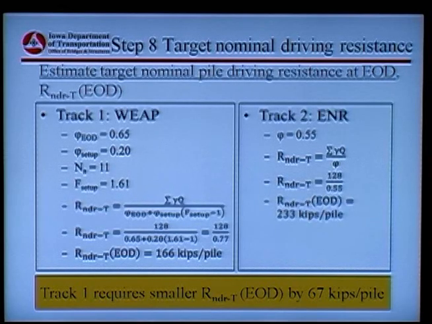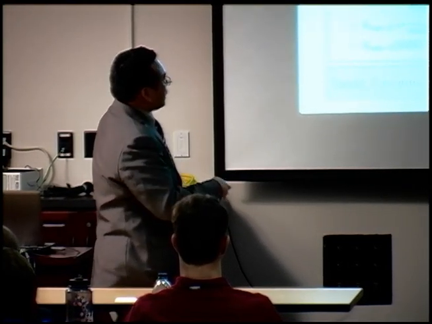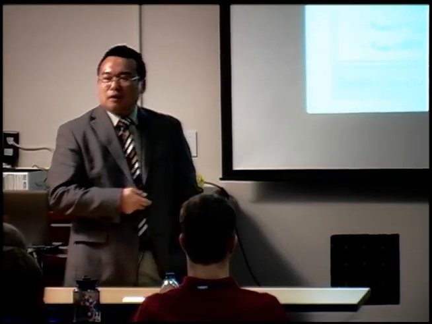And we determine the target driving resistance, and 166 is the number. If we were to use the ENR formula, the target driving resistance is 233. Now if you were to drive the pile, which one do you think you would like to use? You're the contractor. Think about that.